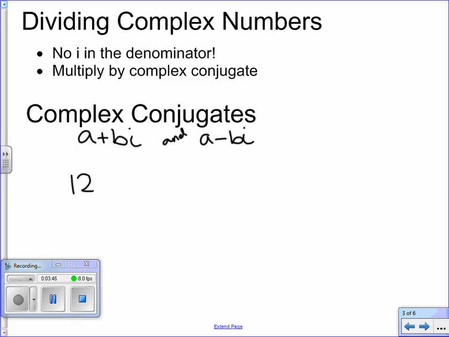So we're going to say 12 + 27i. There's Cole's complex number. He likes a challenge. Choose the big numbers. What's the complex conjugate to Cole's number? 12 - 27i.